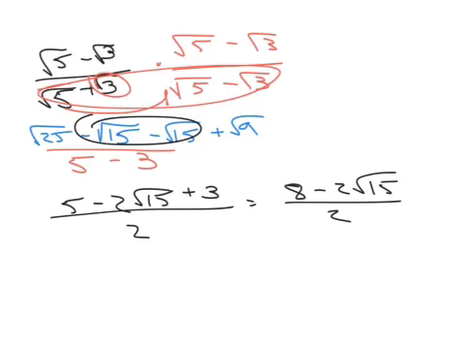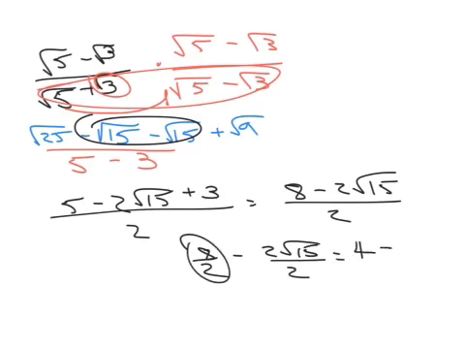Okay, I'm going to split those up. 8 over 2 minus 2 square root of 15 over 2. And that allows me to get that to be a 4, and these two to cancel. And that simplified it to 4 minus the square root of 15, and that's number 78.